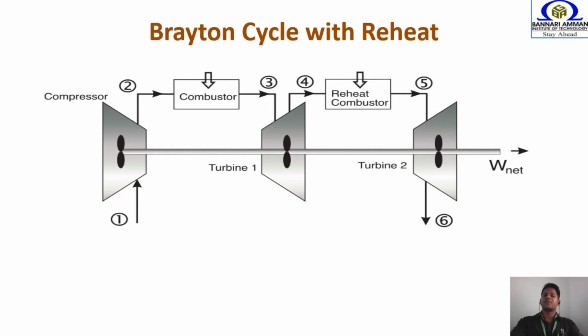So finally you can get more work output from this reheating cycle. Now we can discuss the difference between the first, second and third modifications. In the first modification, we are going for intercooling to reduce the energy input which has to be given to the compressor. We are not increasing or decreasing efficiency.